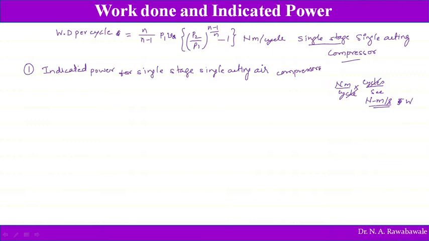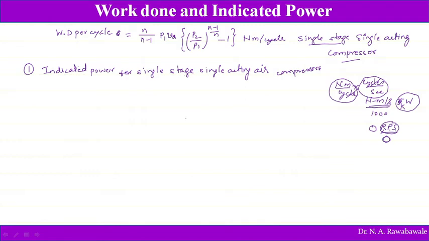So if we want to convert this into kilowatt, we have to divide it by 1000. So multiplying work done, which is Newton meter per cycle, by number of cycles per second and dividing it by 1000, we can get indicated power in kilowatt. So cycles per second means number of revolutions per second. Revolution means one revolution. In one revolution it completes one cycle. So revolutions per second is nothing but cycles per second.